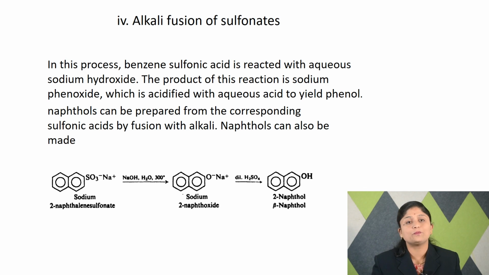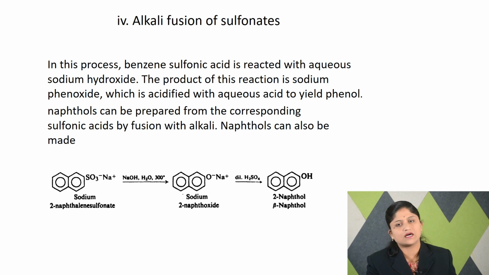So we are able to produce the sodium salt, and when reacted with the sulfonic acid, we get a derivative of phenol, that is naphthol, from which 2-naphthalene sulfonate produces a substituted sodium 2-phenoxide, and ultimately through a mineral acid treatment with dilute sulfuric acid, we synthesize a beta-naphthol derivative.